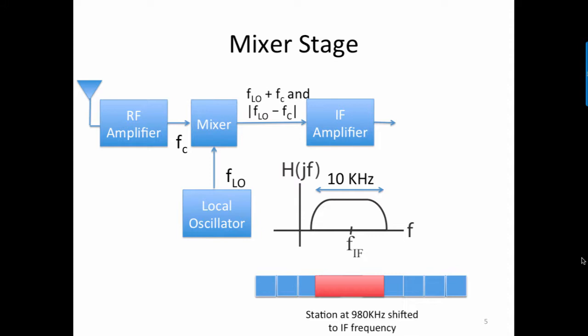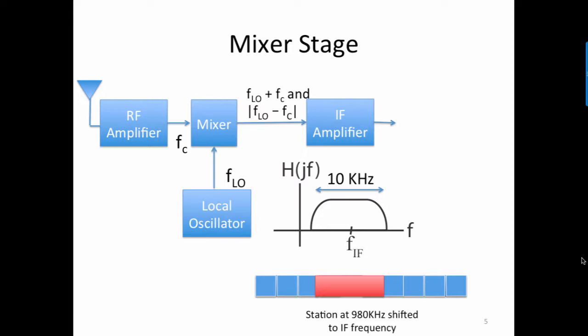Its passband is only 10 kilohertz wide, the bandwidth of the received station. The FC signal can be either shifted to FLO plus FC or FLO minus FC, depending on the design of the receiver.